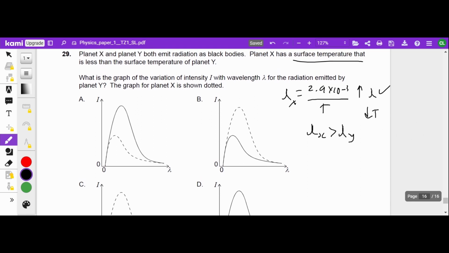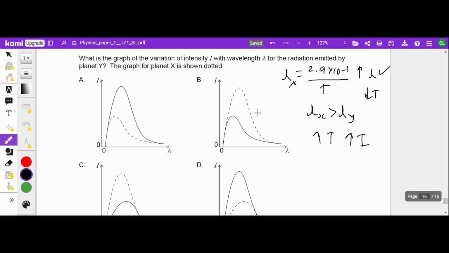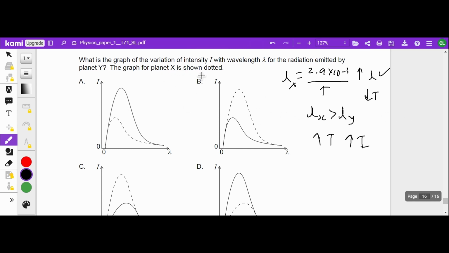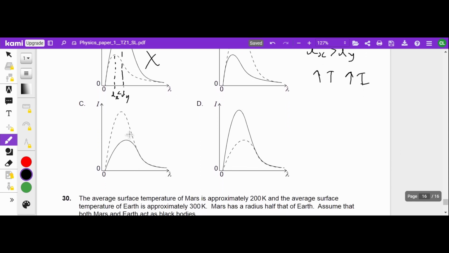As for the intensity, a higher temperature has a higher intensity because it has more energy. X is dotted, so let's at least see the wavelength for this one. Lambda for x is less than lambda for y, so this is wrong. And this one, lambda for x is less than lambda for y, so that's also wrong.